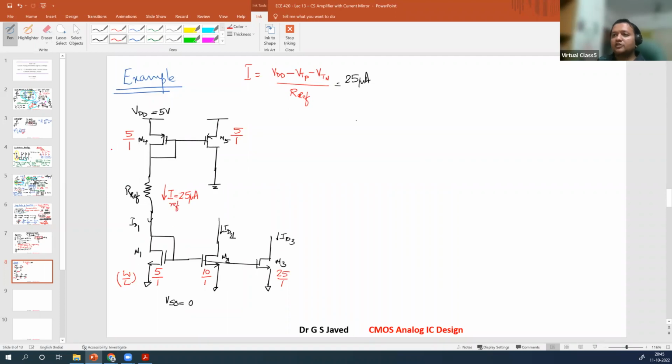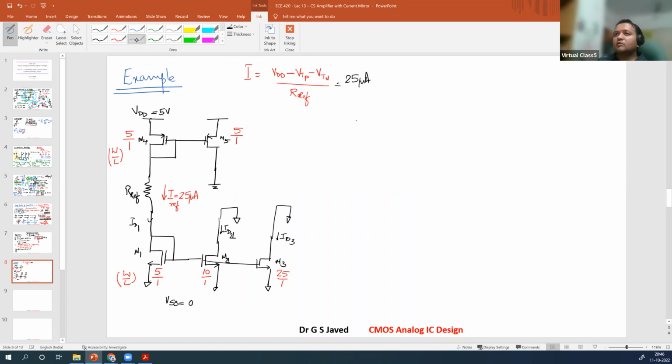So the W by L ratio is defined 5:1 in both cases. And here we have PMOS grounded. Likewise, we will have the NMOS also grounded. Now, what are the other variables that I need to make this function?